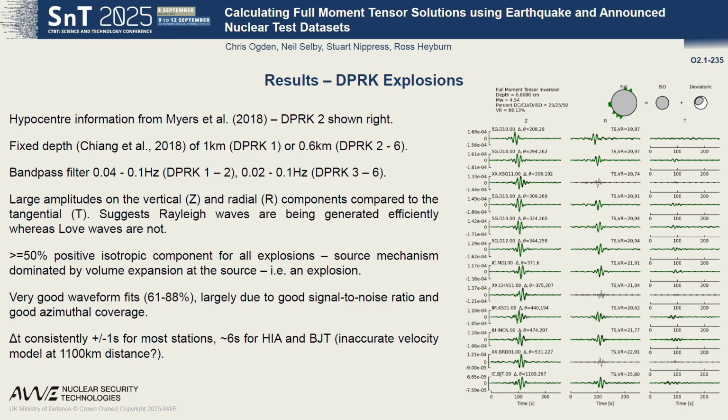What you'd expect from an explosion is that the vertical and radial, which are the Rayleigh waves, are larger amplitude than the tangential, which is primarily the Love waves, which makes sense for an explosion source. Generally, for all of these explosions, the isotropic component dominates in a positive sense. That's why you're seeing the grey shaded circle in the isotropic component and overall moment tensor.